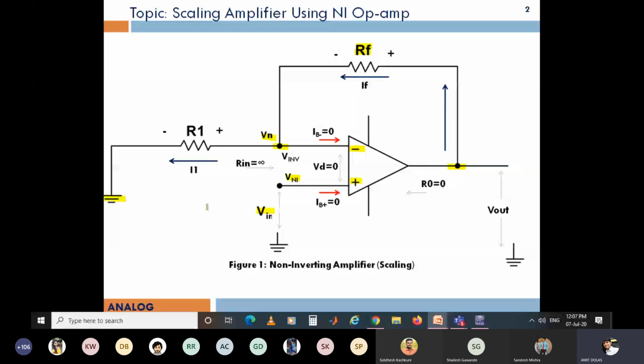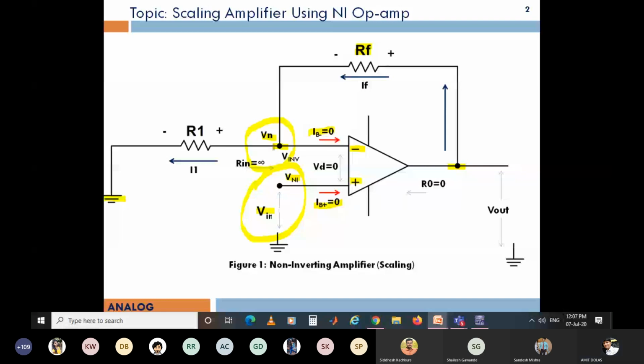Again, assuming the ideal op-amp characteristics, the input impedance is infinite, and the bias current into the op-amp is 0. That's why, whatever is the voltage at this terminal, what is the voltage at this terminal? At this terminal, the voltage is the input voltage Vin. A similar voltage will reflect on the other terminal, which is the inverting terminal.